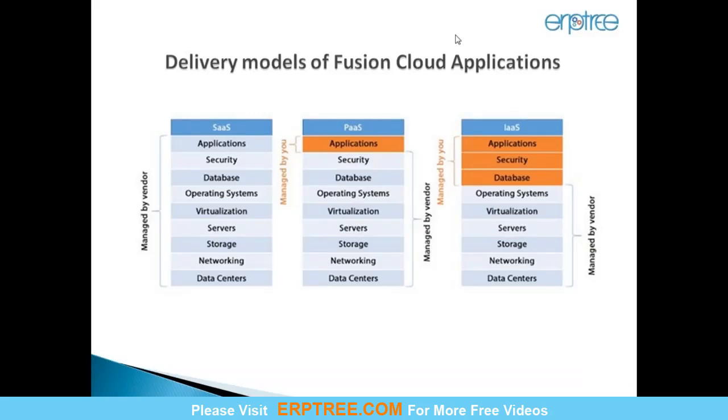You have application, security, database, operating systems, virtualization, server, storage, networking, data center, all these maintained by a vendor, whoever gives you the access for your application. You will not have any kind of privilege to change whatever you've been given. You have to use your application the way it is available.